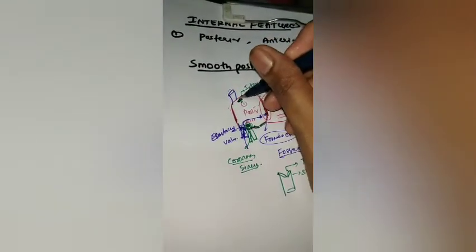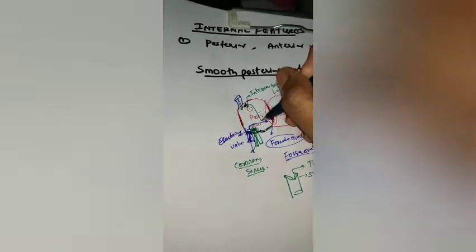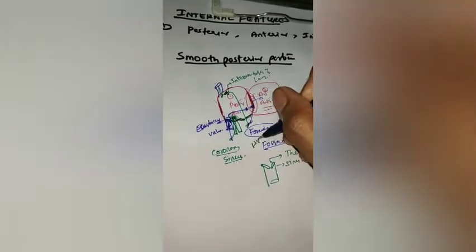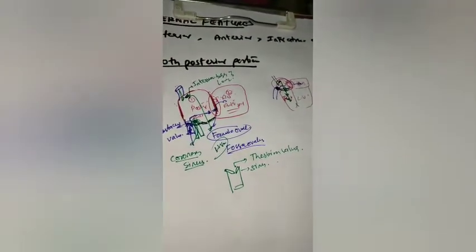In intrauterine life, this helps direct the blood from the superior vena cava from the right atrium to the right ventricle.